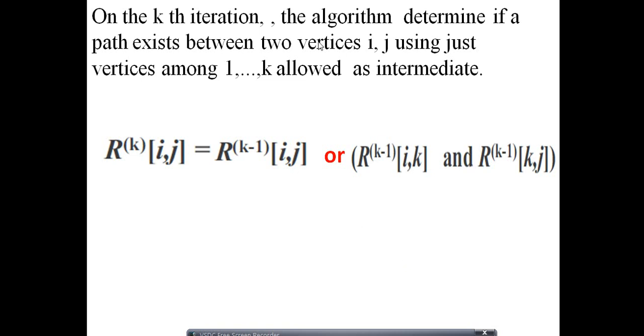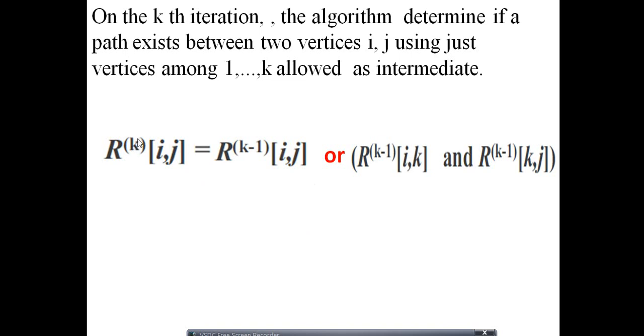On the kth iteration, the algorithm determines if a path exists between two vertices i, j using just vertices among 1 to k allowed as intermediate. This is our formula. Using this, we can calculate the shortest path between two vertices.